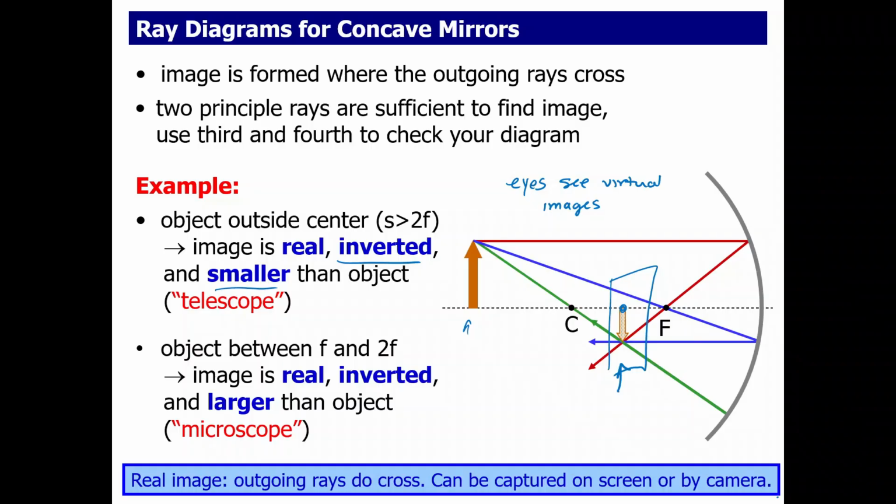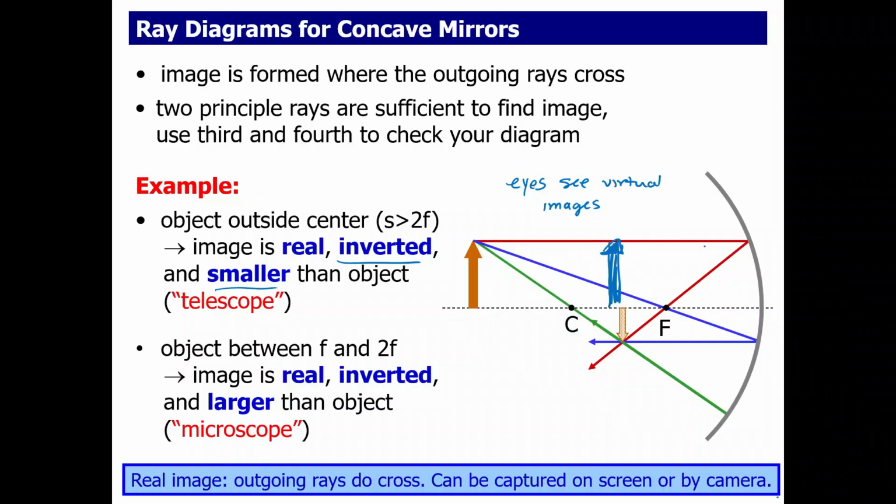If we have an object that instead is closer and inside, so between F and 2F, so if I was to start my image here, we would see something different. And you would trace your rays.